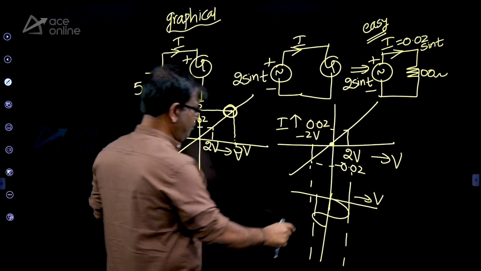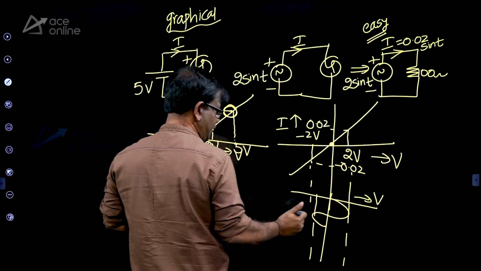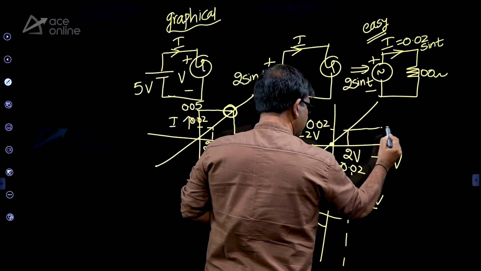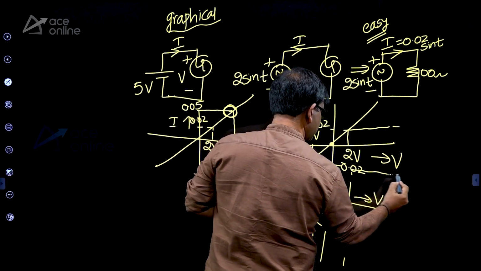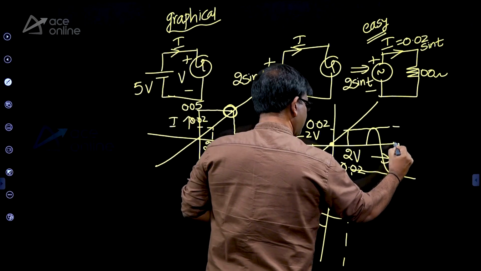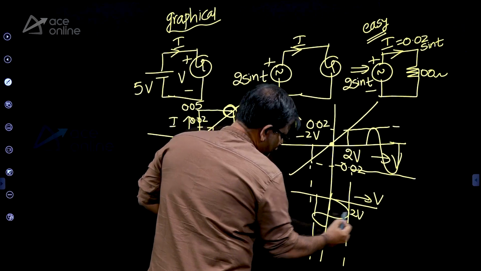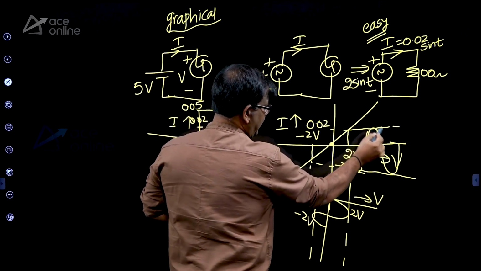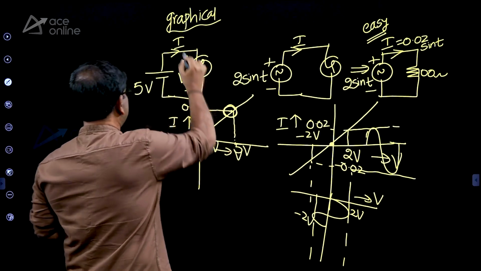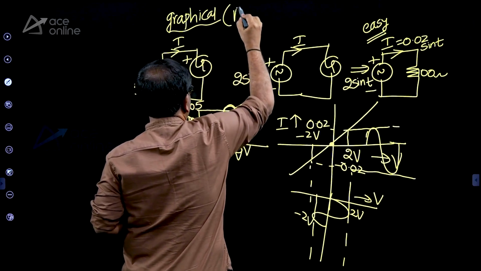So what happens when you apply a signal to a BJT or a MOSFET? So you can superimpose and then take these points. So you can see that when the peak voltage is 2 volt, the current is going to be 0.02. So this graphical method, avoid in exam.